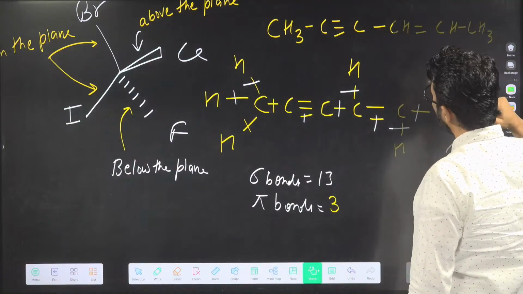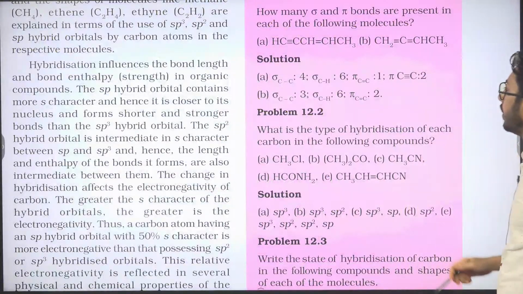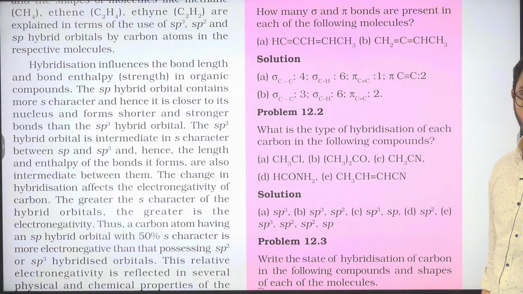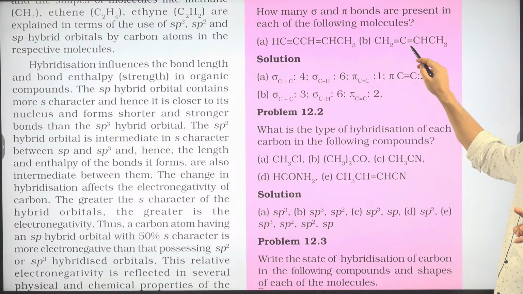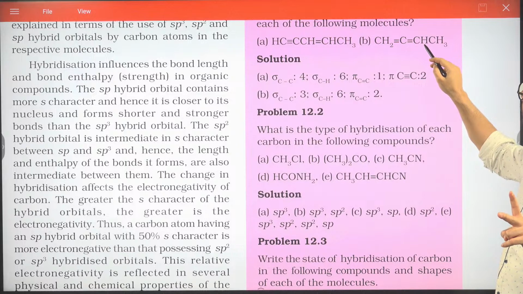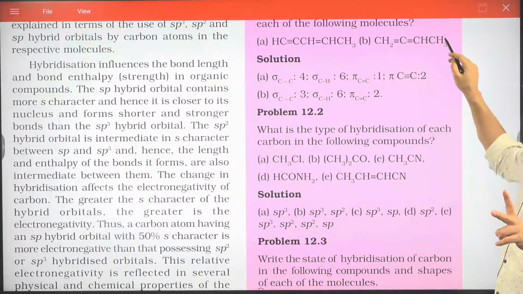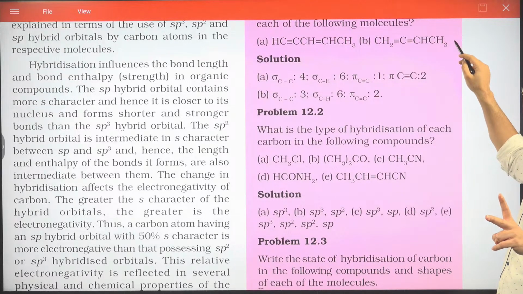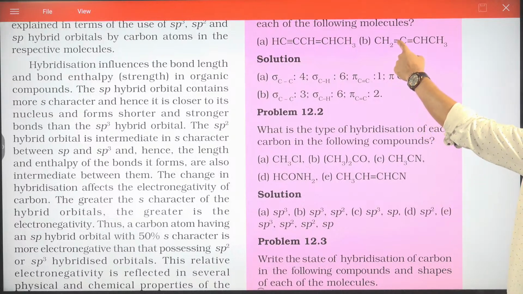Similarly, another example you might find directly, that is B. In this case, CH2, 2 sigma, then here 3 sigma, 4 sigma, 5, 6 plus 3, 9. 9 sigma present here. In B, there are 9 sigma, and pi, how many?